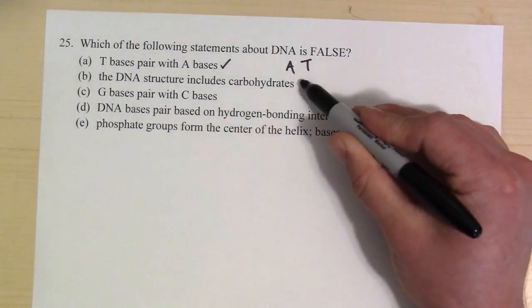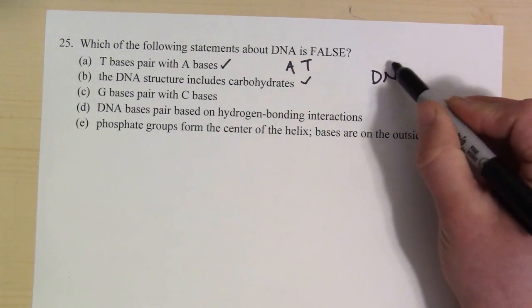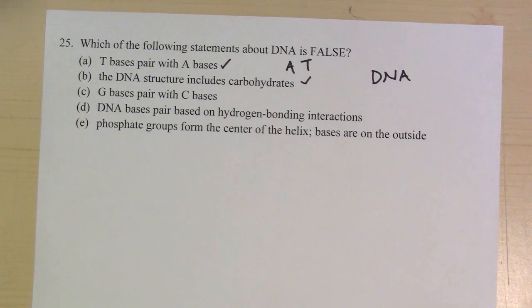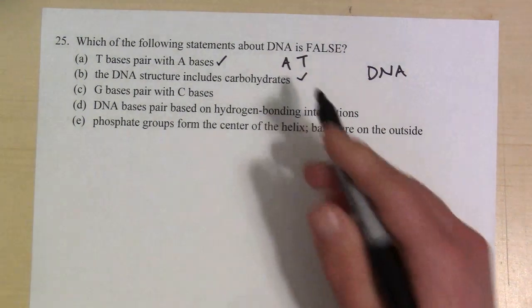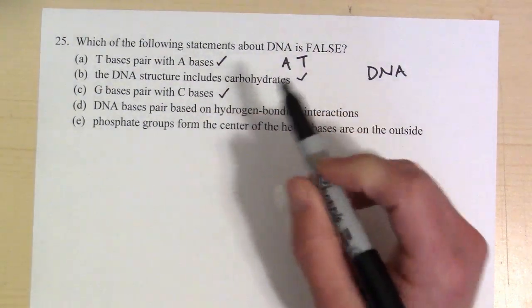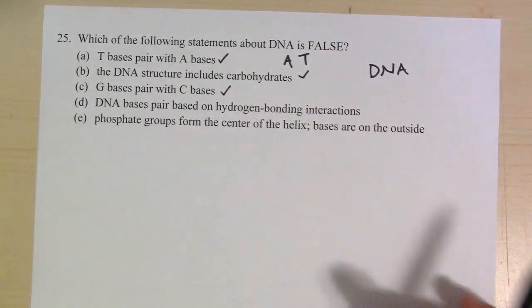That is also true. Deoxyribo. So ribo is for ribose, which is included in DNA, so that is correct. G pairs with C bases. That is also correct. If A pairs with T, it would make sense that G pairs with C.